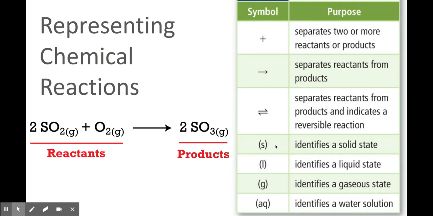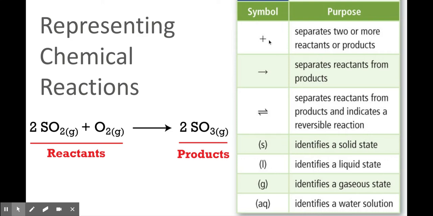If you see an L, it's in a liquid state. And if you see a G, it's in a gaseous state. If you ever see AQ, it means it's in an aqueous state. And aqueous just means dissolved in water. So you could, for example, have aqueous NaCl. NaCl is salt. And so that just means that the salt is dissolved in water. And that's the state that it's in going into or coming out of the chemical reaction.